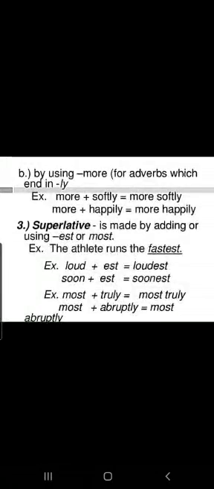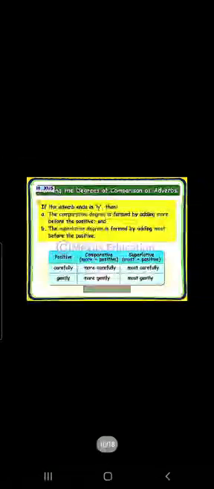And when there are adverbs which end with ly, in the superlative form we add most before the adverb, like most truly, most abruptly. Let's see more here. If the adverb ends in ly, then the comparative degree is formed by adding more before the positive, and superlative is formed by adding most before the positive, like carefully and gently. These adverbs are ending with ly.